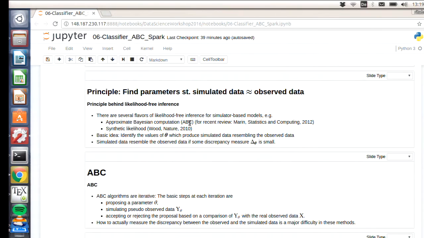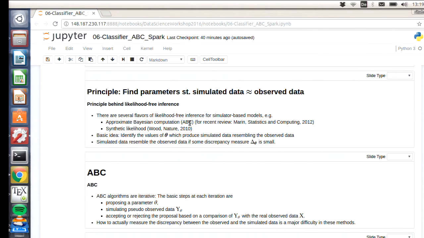And in a 2010 Nature paper, there is another kind of method, synthetic likelihood. It's a bit different, and it takes some other assumptions, but these are the two streams. In both of these methods, the main idea is that you take a parameter value theta.